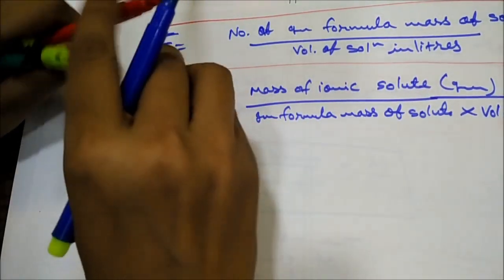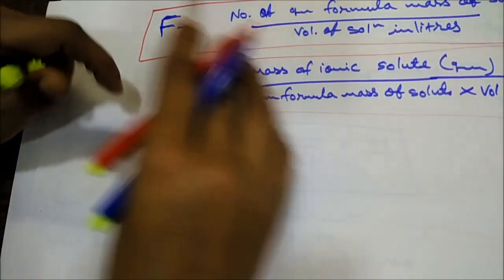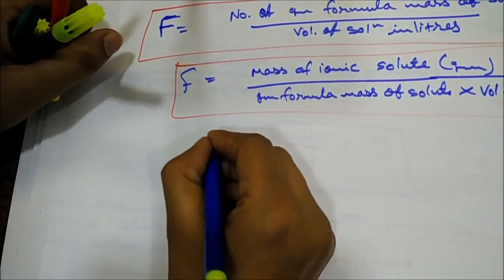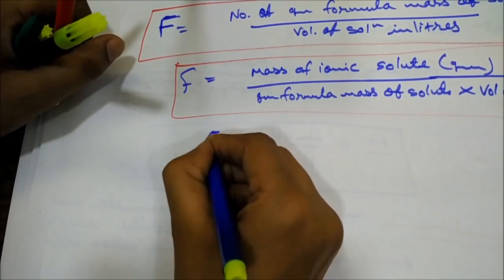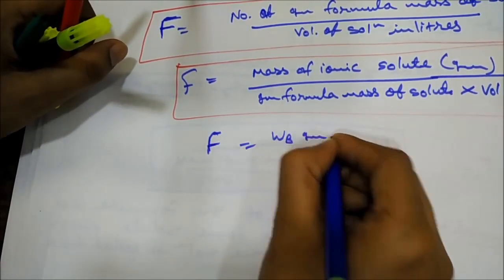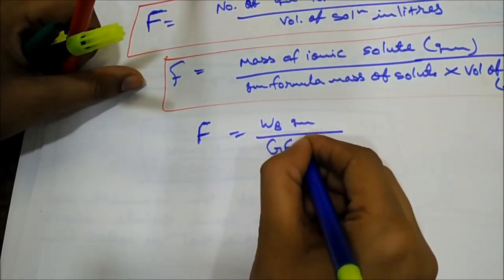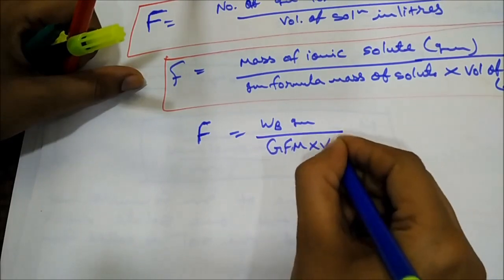By this formula we also calculate the formality. Or we can write F is equal to WB gram upon gram formula mass into volume in liters.